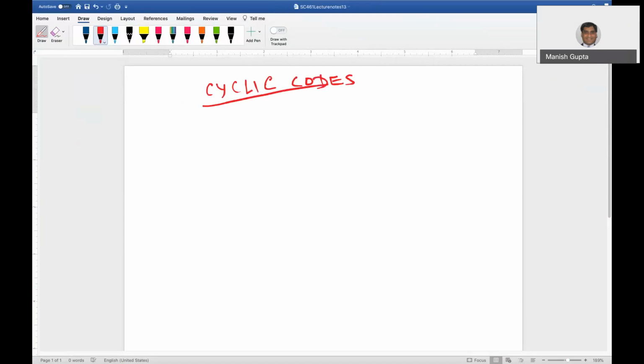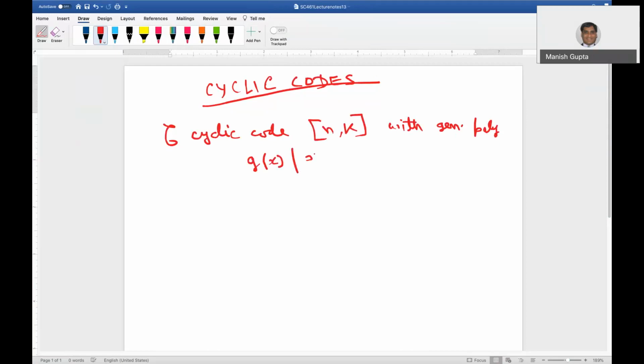So suppose C is a cyclic code and I say that its parameters are n comma k with generator polynomial g(x). We know that g(x) will divide x raised to power n minus 1, right?